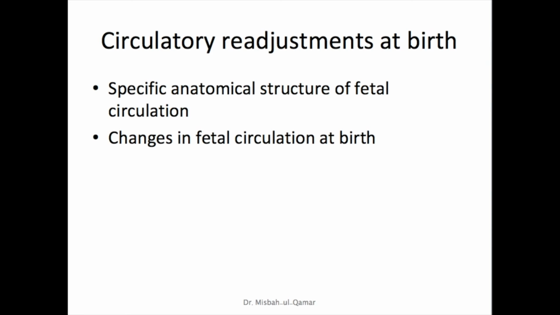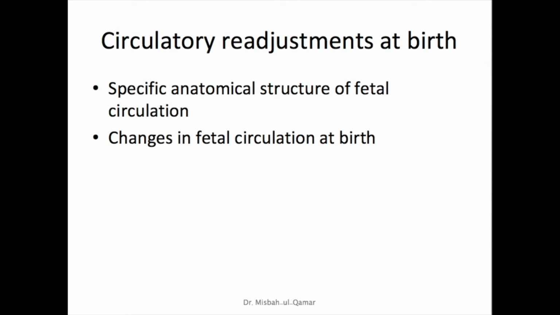It leads to a fall in the right atrial pressure. The pressure in the right atrium is less, and the pressure in the left atrium is already high. So this causes the closure of the foramen ovale, and within a few days after birth, the foramen ovale closes completely and fuses with the atrial wall.